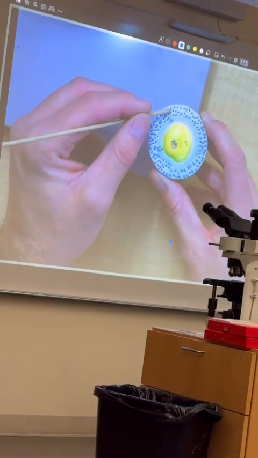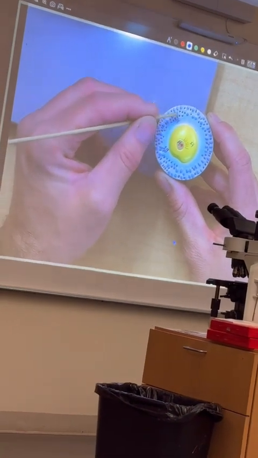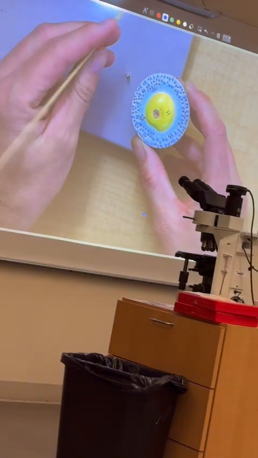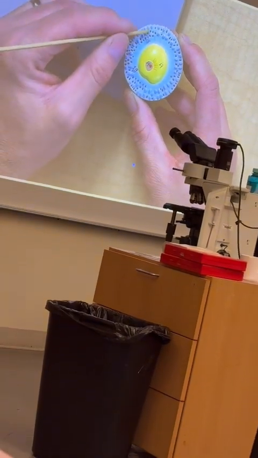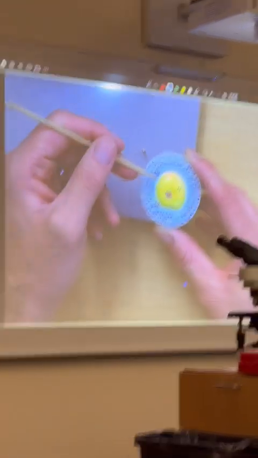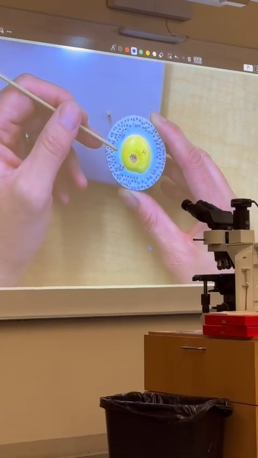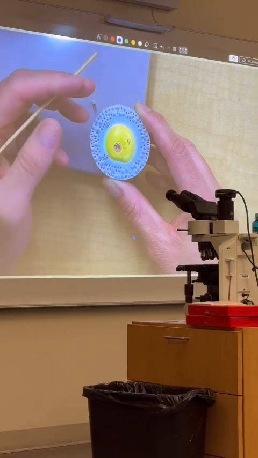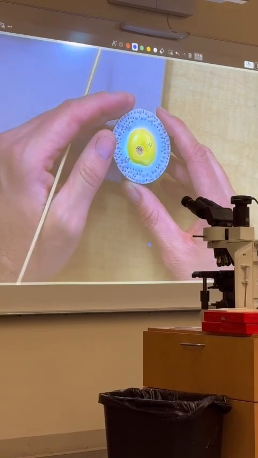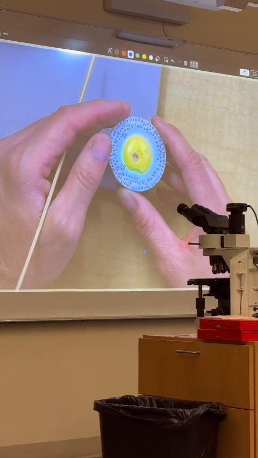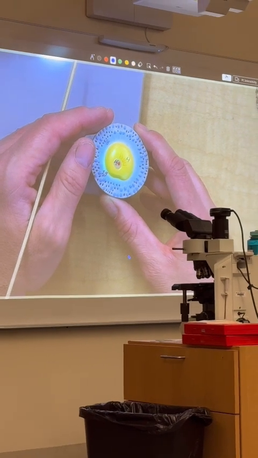So in order to get through these layers, there needs to be something called the acrosomal reaction, in which the sperm's enzymes are going to be able to dissolve these layers. Right? So the first sperm to get to the egg here gets to dissolve these layers, and then it gets to combine its DNA with the DNA that's in this nucleus, and then we have a diploid cell that can undergo mitosis and development and grow into a new individual.